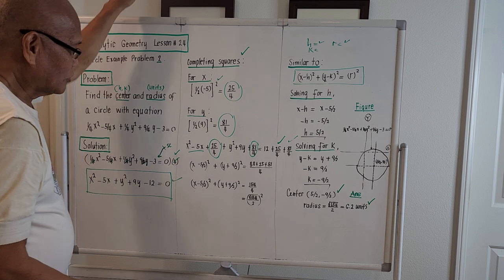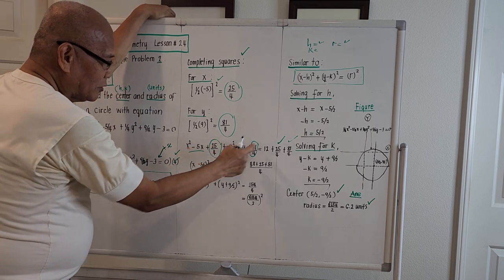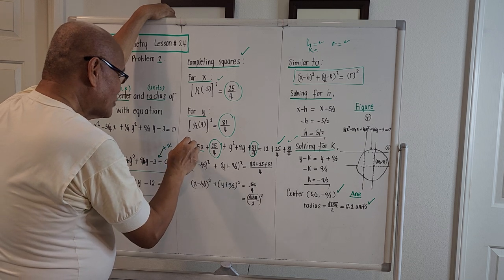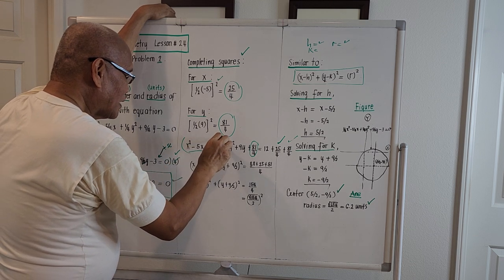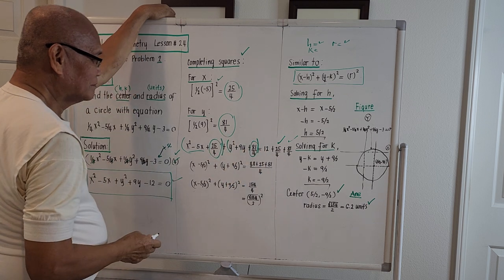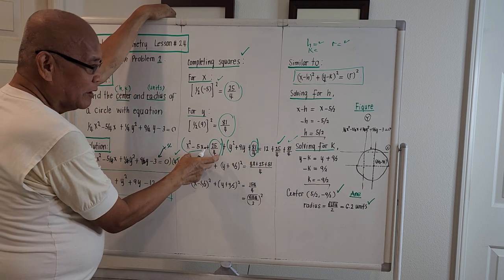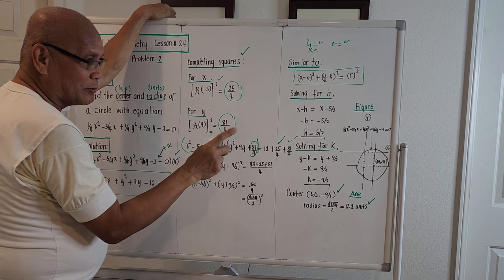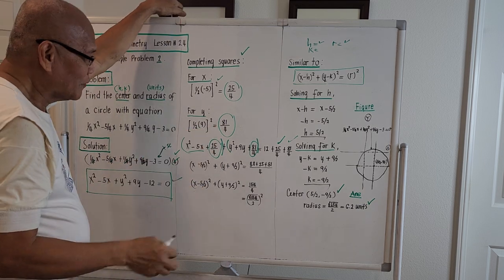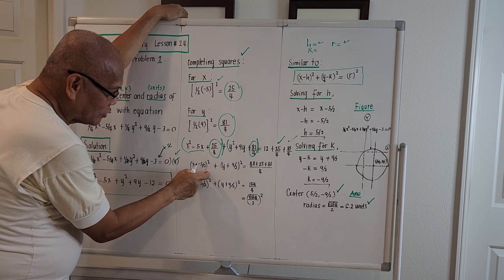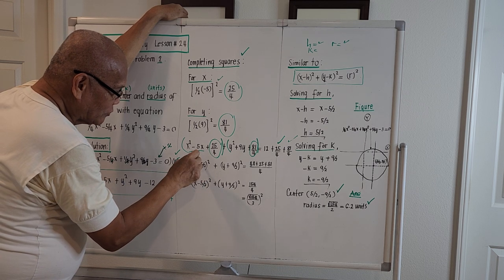So after the addition of this 25 over 4 and 81 over 4, we can close this one now with an open and close quantity. This will be a whole expanded form. And this whole expanded form is actually the square of a binomial, x minus 5 halves quantity squared. If we try to square this one, the expansion is this one.